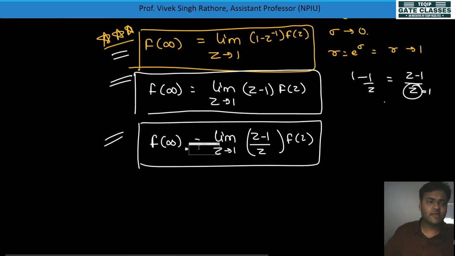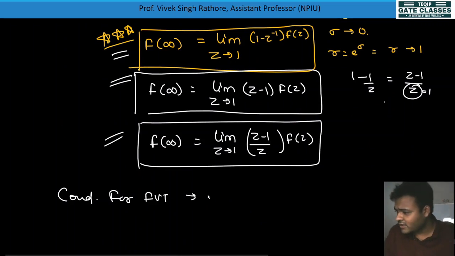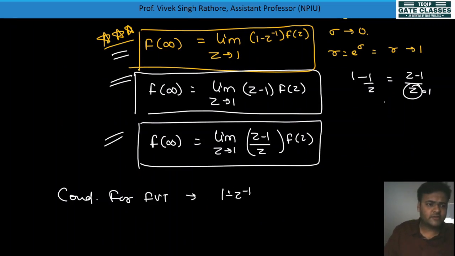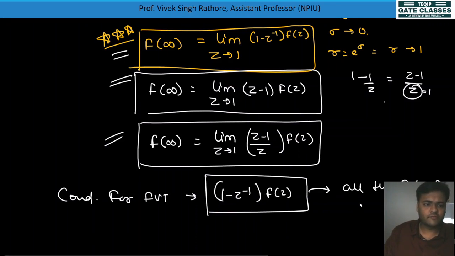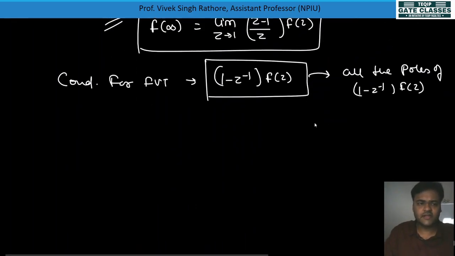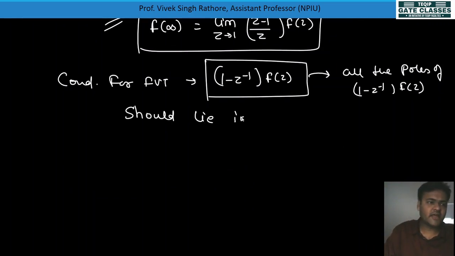Here the condition for the final value theorem is that, for 1 minus z inverse into F of z, remember this multiplication, all the poles of 1 minus z inverse F of z should lie inside the unit circle.